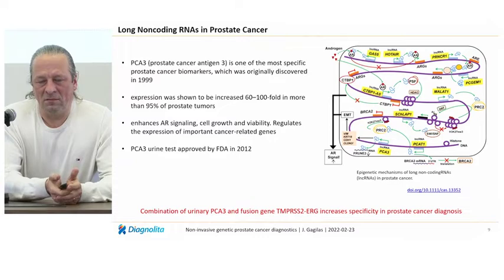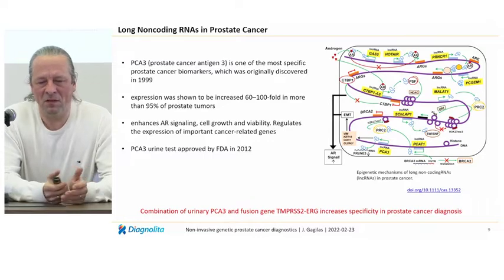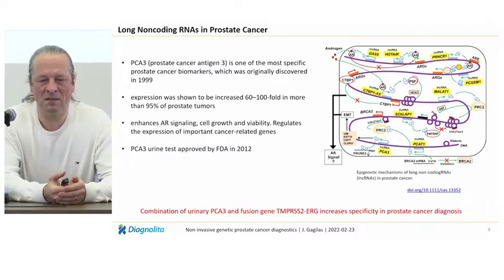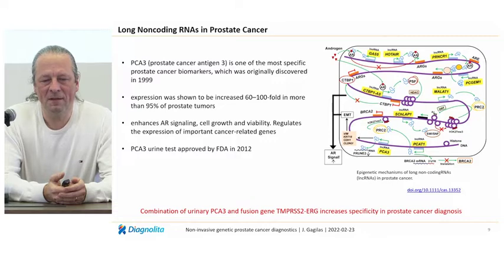And on the right side you see a picture about some regulation mechanism, but I am presenting this picture just to show that there is a large number of different long non-coding RNAs which take part in prostate cancer.